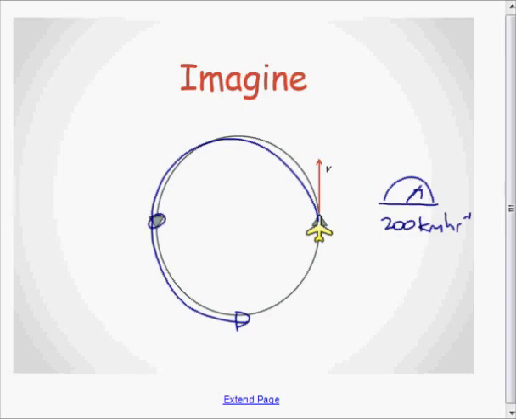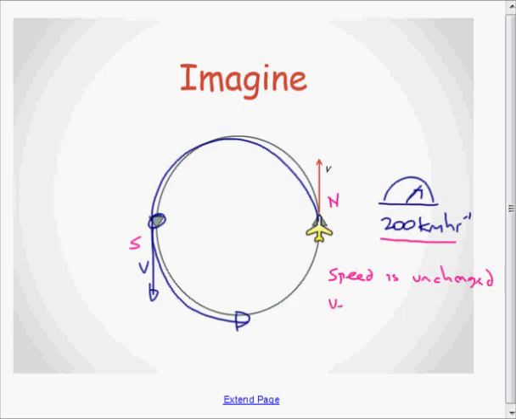Over here, it's still got the same speed in that direction. Now, the plane has changed its direction from, let's say, north in this case to south, but it's keeping the same value of 200 kilometers an hour. So that means the speed is unchanged.